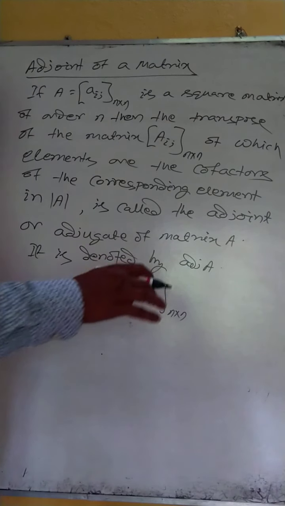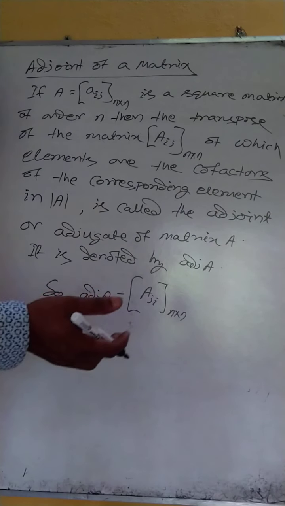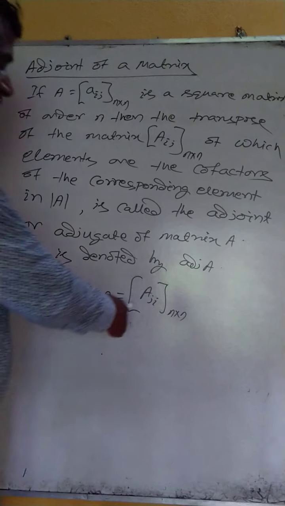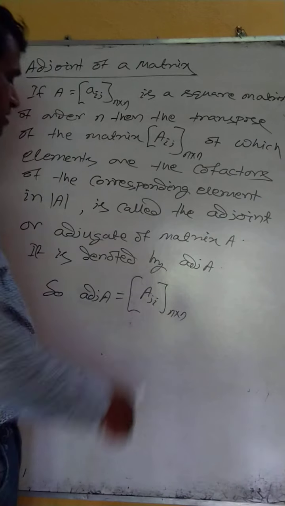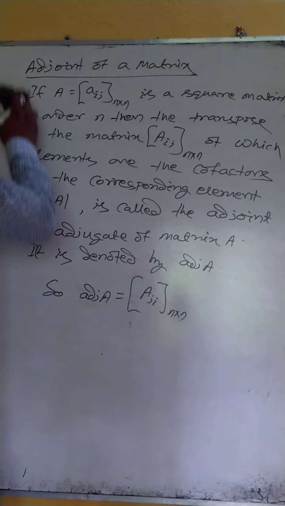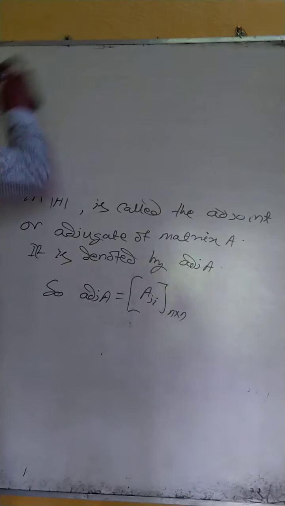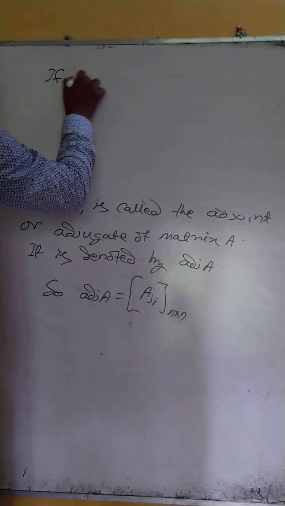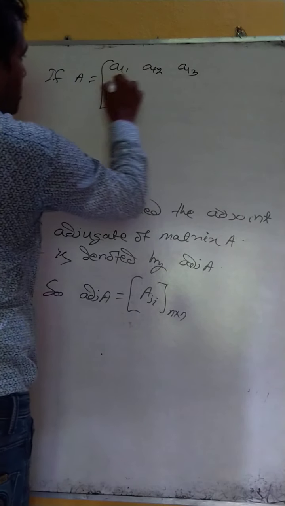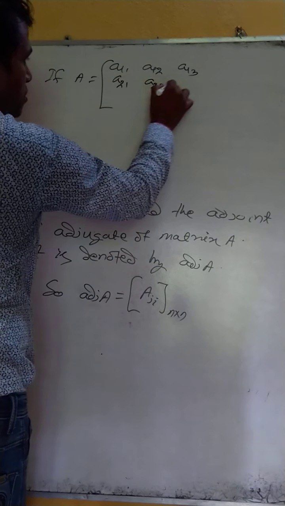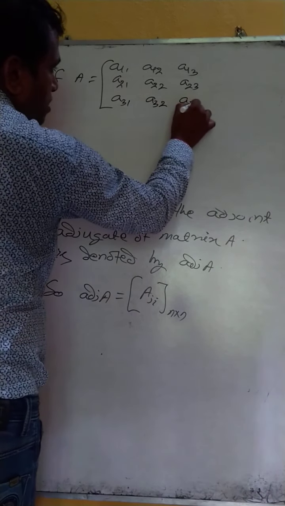You know, transpose of a matrix means we change rows into columns and columns into rows. So in place of A_ij, we write capital A_ji. Suppose we take a matrix A equal to [a11, a12, a13; a21, a22, a23; a31, a32, a33].